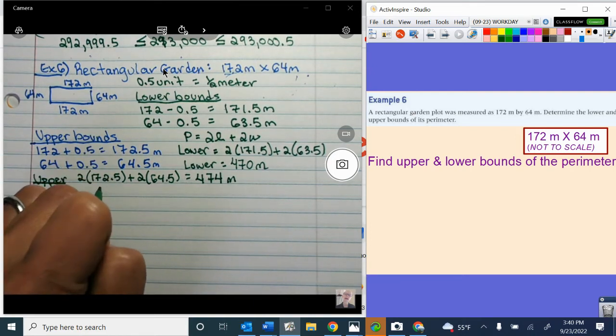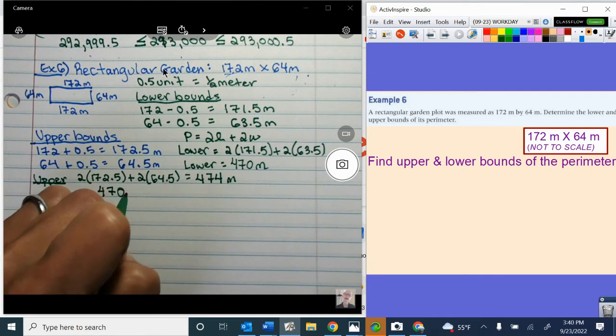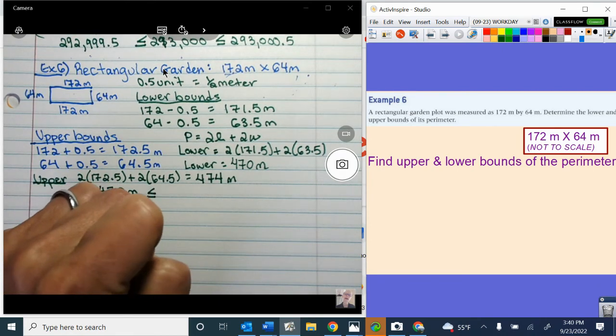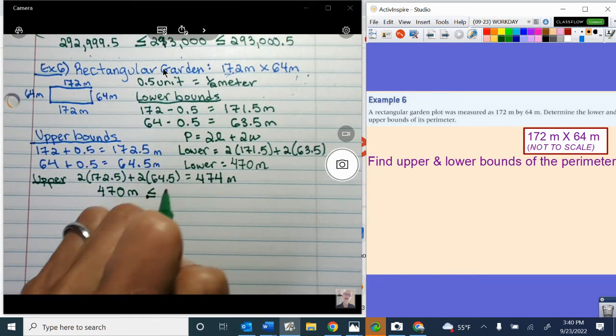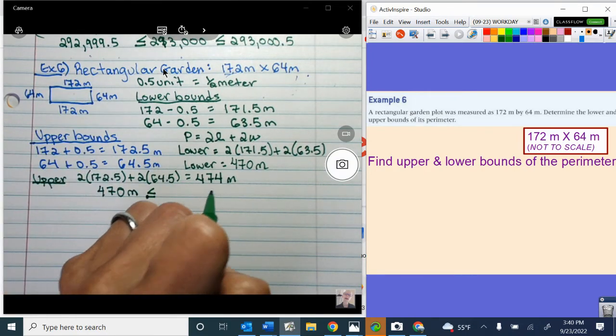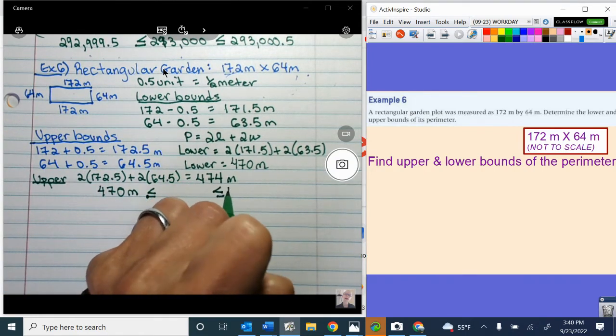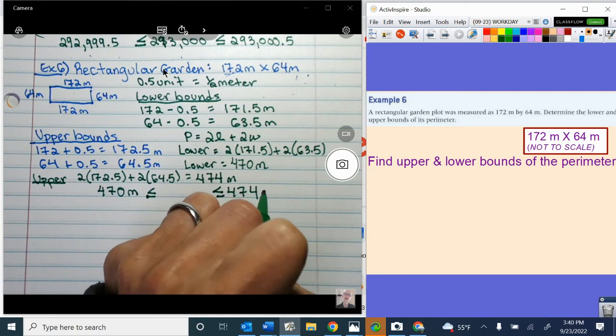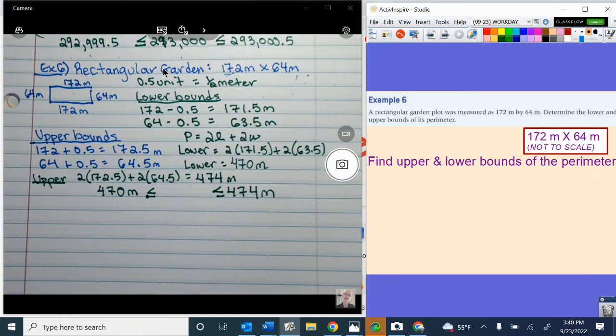And so when we create the upper and lower bounds, we would say 470 meters is less than or equal to the perimeter, and that's less than or equal to 474, which would be the upper bound.